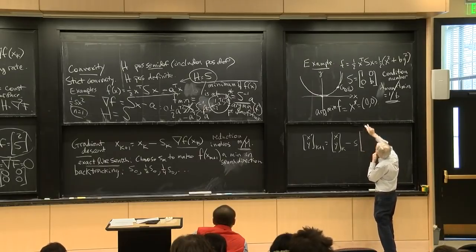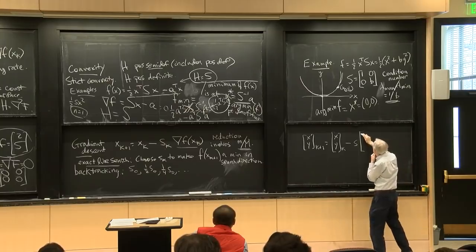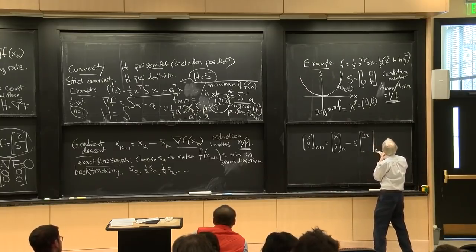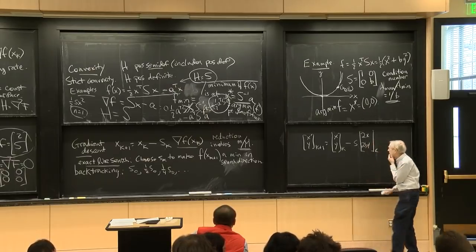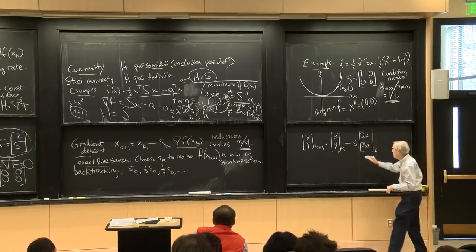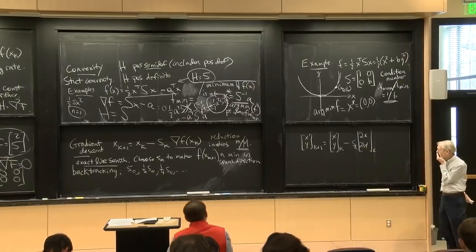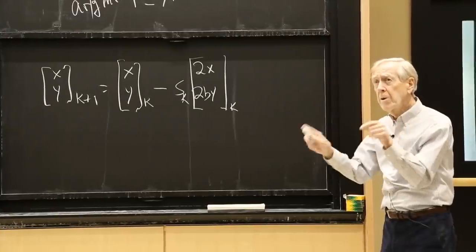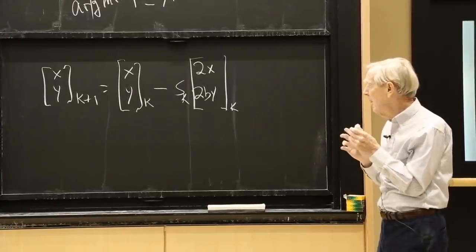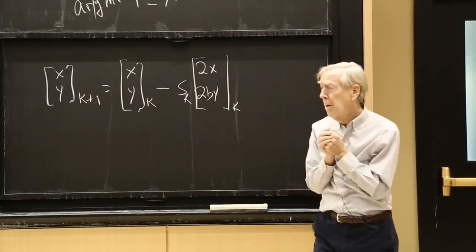The derivative with respect to x, so I have a 2x_k and 2b y_k, right? That's the gradient, and this is the step size. And for this small problem, where we're going to get such a revealing answer, I'm going to choose exact line search. I'm going to choose the best s_k.